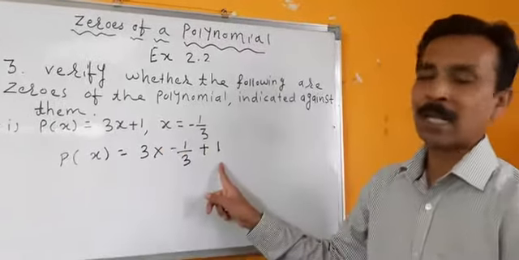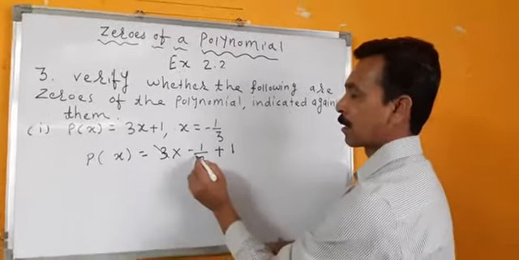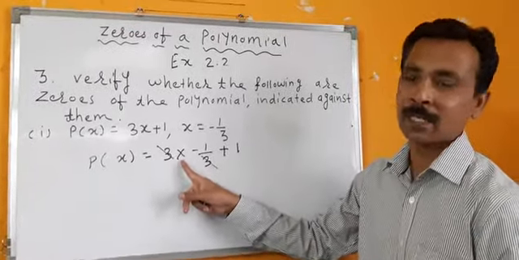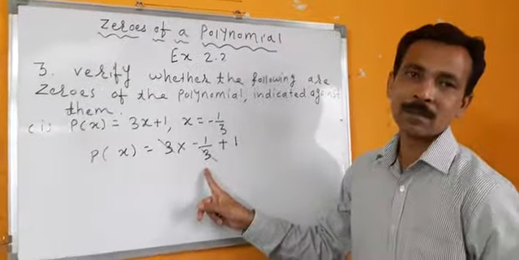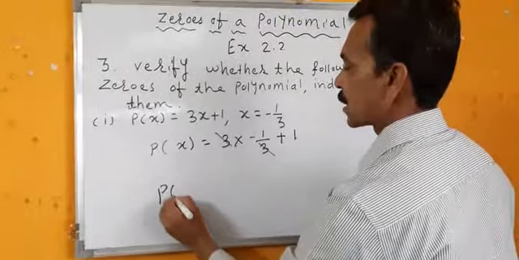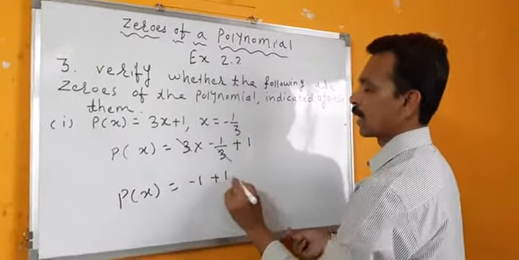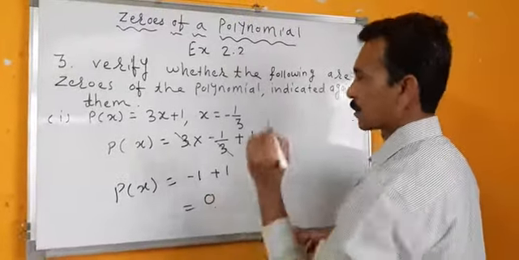This 3 and this 3 get cancelled because it is multiplication here. What is left? p of x is equal to minus 1 plus 1, which is 0.